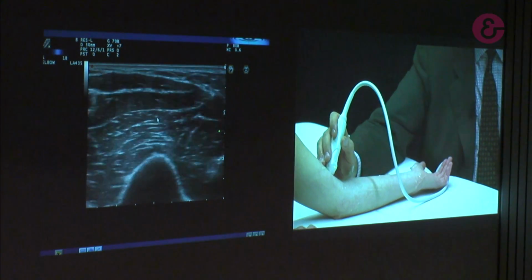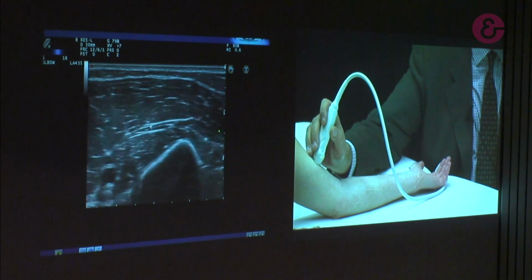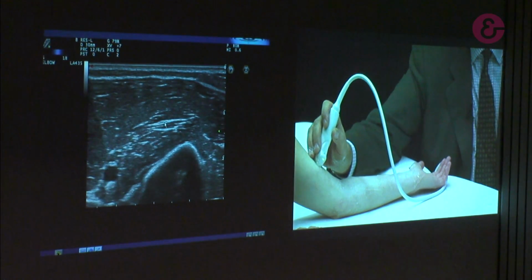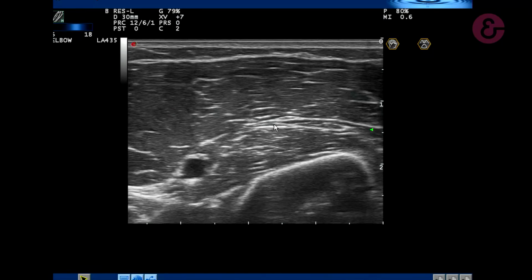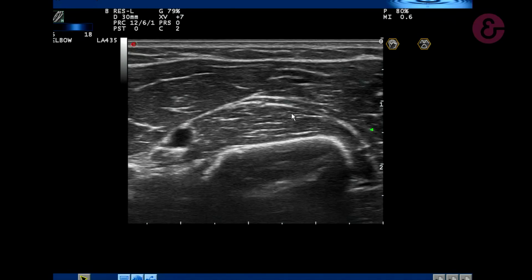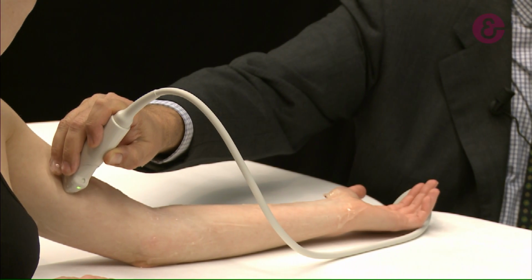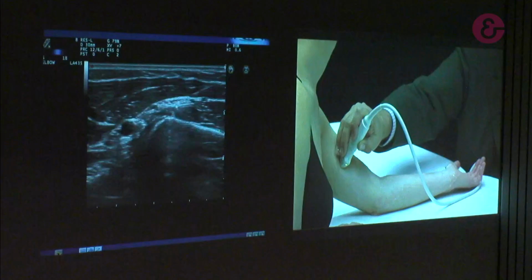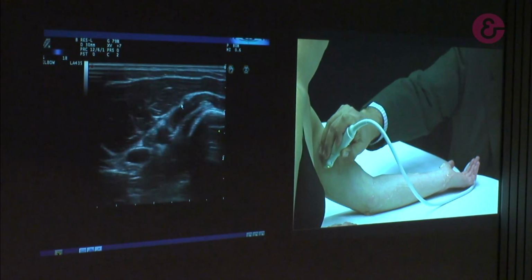This is the musculocutaneous nerve, which is very thin. It's not so easy, very thin, but you can locate it. If you go up, you can follow it. It becomes larger, and you can follow it to the axilla if you want.